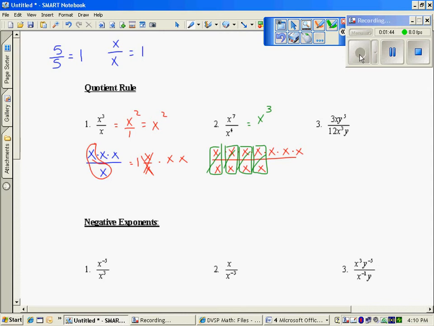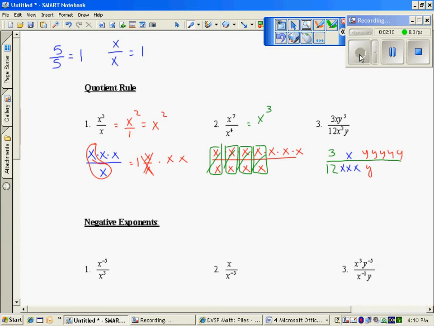In the last problem, number 3, I'm going to look at the 3 separate from the 12, because that's a simple fraction that we need to reduce. And then I'm going to keep my x's and group them, and then my y's. I have y to the 5th in the numerator and a single y in the denominator.